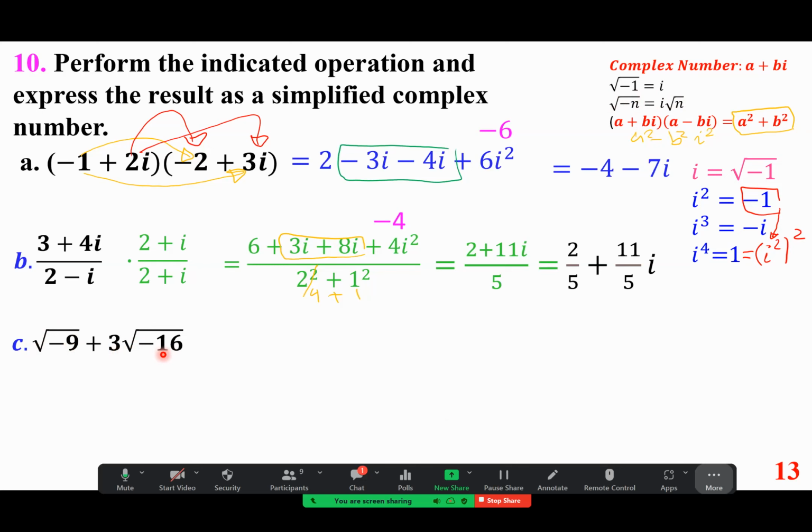Square root of negative 16, we change it to 4i. Again, we are using this. So this is 12. So you have 12i and 3i is 15i.